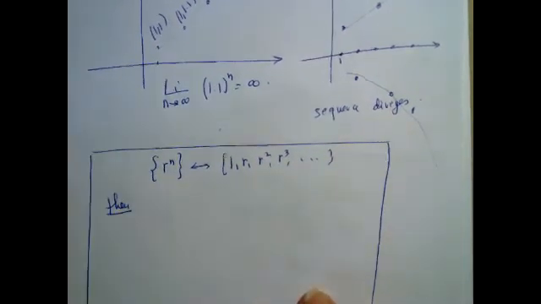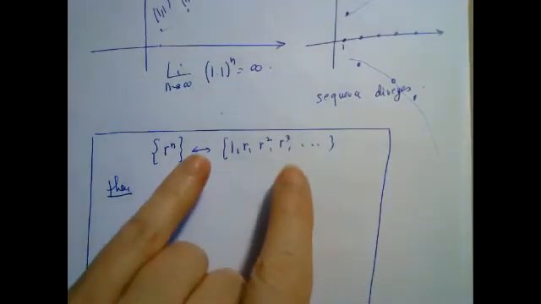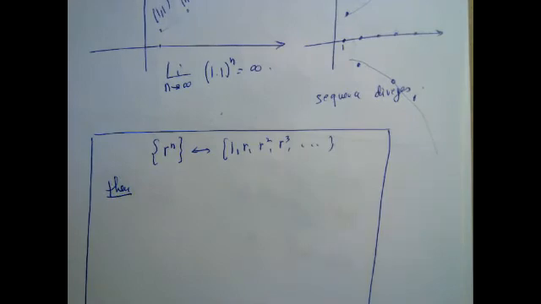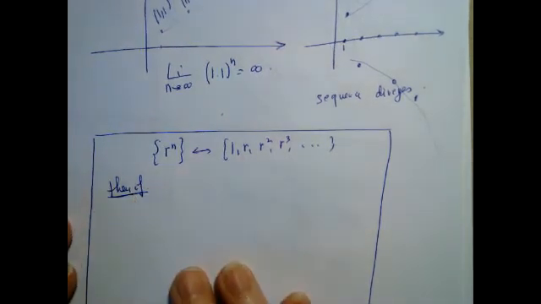When will those sequences converge? Under what condition on r will the sequence converge? Anybody like to give me the rule?